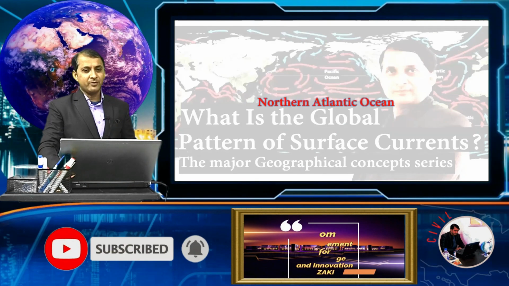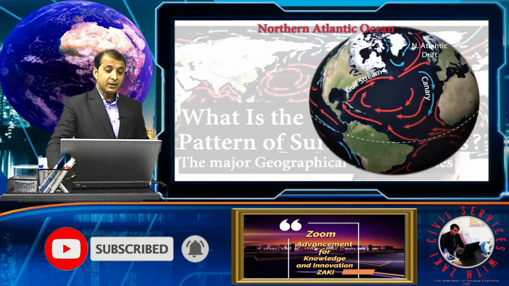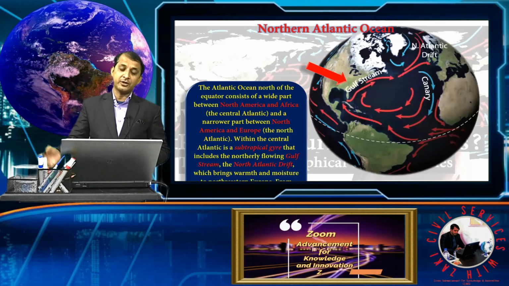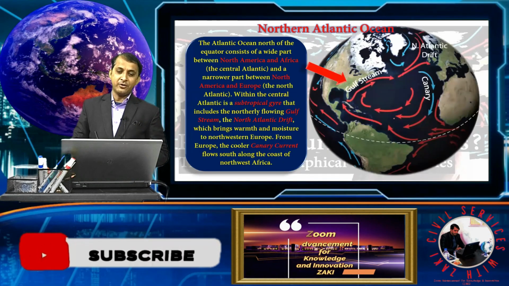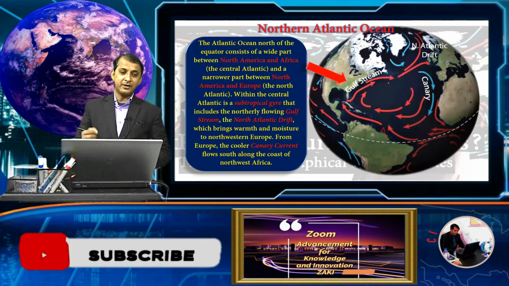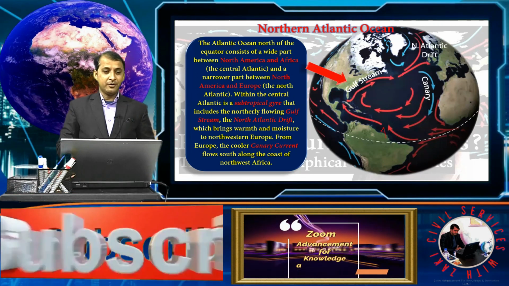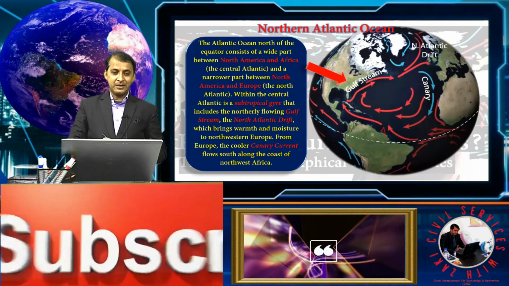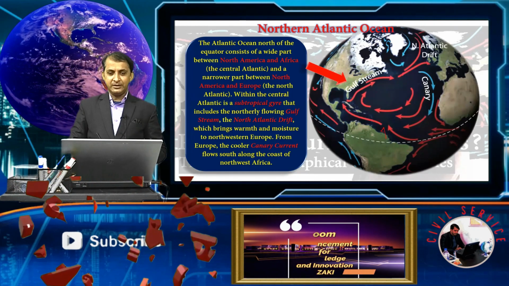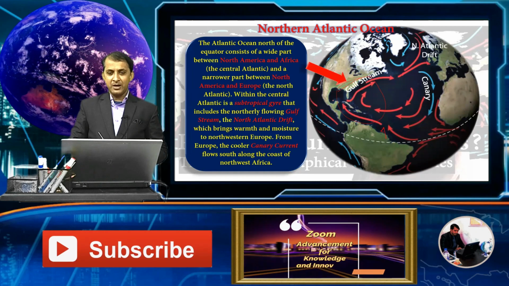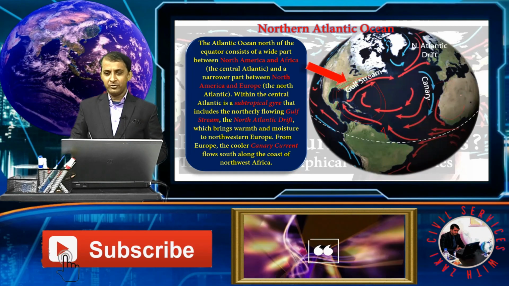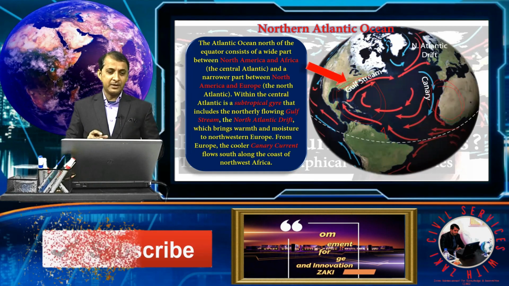Now we move forward from the northern Pacific Ocean to the northern Atlantic Ocean. The North Atlantic Ocean lies north of the equator, between America and Europe. This mid Atlantic region is part of North America and most of Africa.